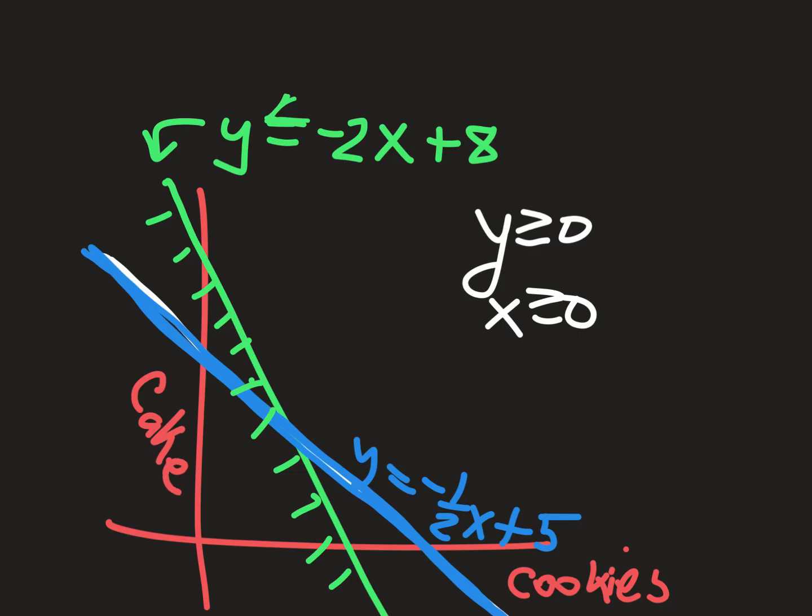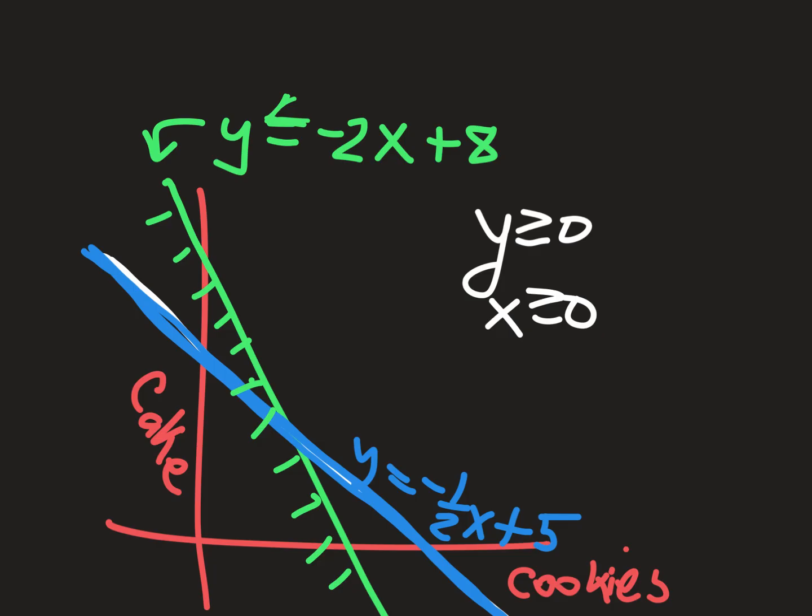If we used up all of our flour on cake, then we can't make the cookies. If we use all of it up on the cookies, we can't make cake. Or we can make some kind of combo. Okay. So, can you have negative cake? No, that's why we have to have the y is greater than or equal to 0 and the x is greater than or equal to 0, because you can't have negative cake, can't have negative cookies. Okay, good enough on that.